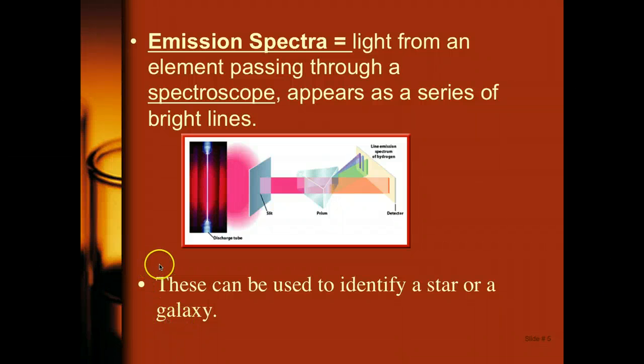Over here we're energizing the element. You shine that light through the prism of the spectroscope and you get a very unique set of bands of lights. This is so unique to elements that we are able to use it to identify stars or galaxies.